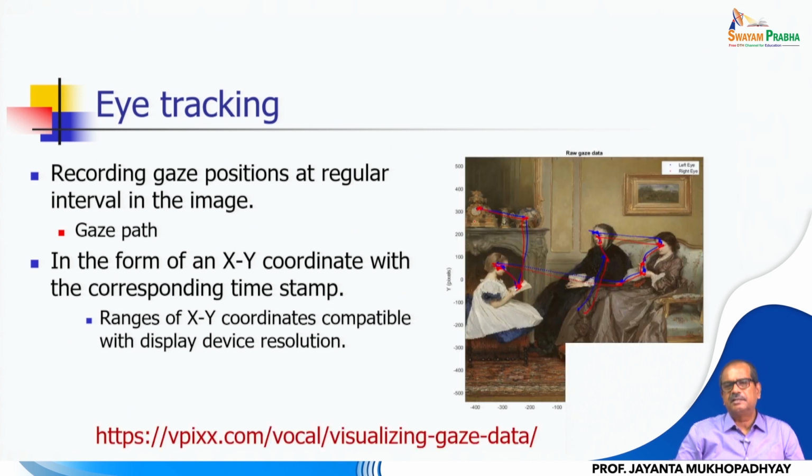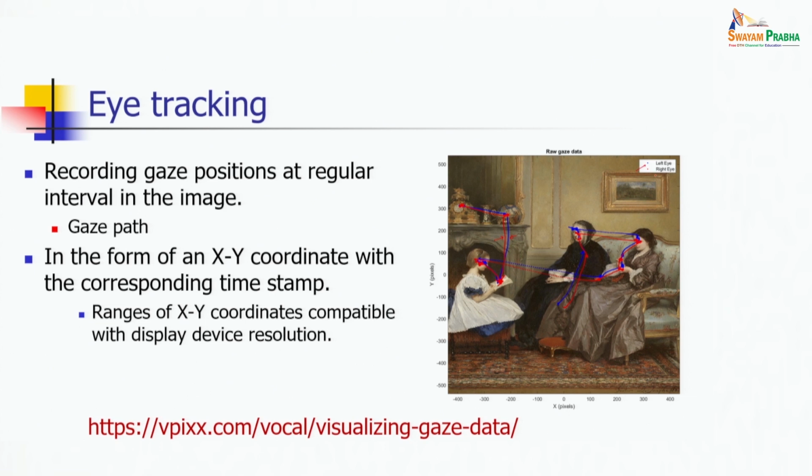So one typical example of eye tracking has been shown here. You can see that there are two gaze paths, one for the left eye and another for the right eye. Here the left eye is shown in blue and the right eye is red.